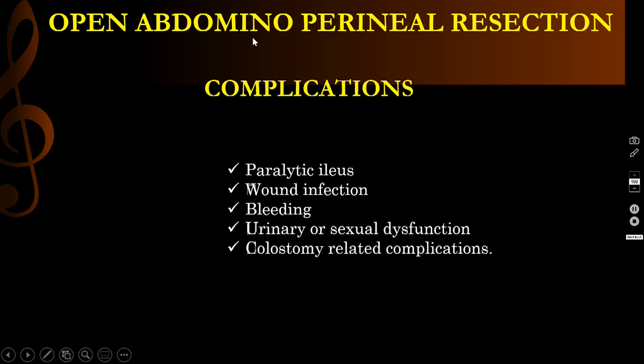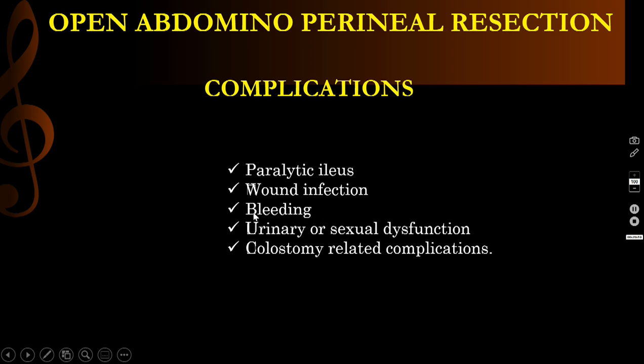What are the complications that can happen in open abdominoperineal resection? Patient can go for paralytic ileus, wound infection can happen, bleeding also one of the complications.